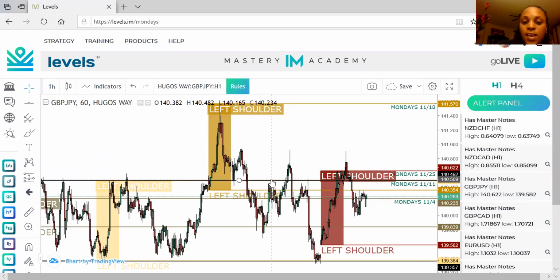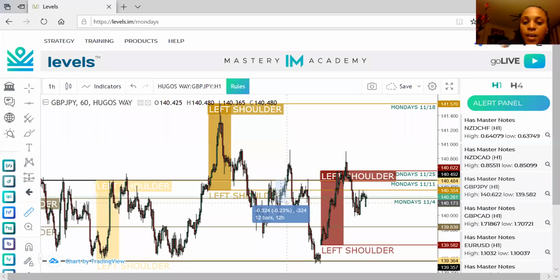So in this case, your sell limit will be 140.497. Your take profit then would be 50 pips, so 141.001, right? And that's your stop loss, sir. Your stop loss is going to be 50 pips.